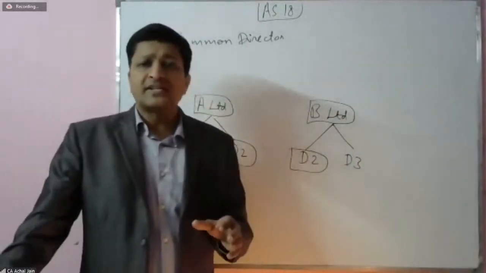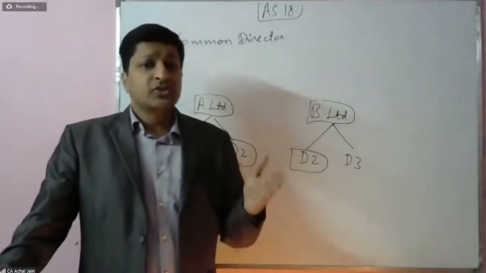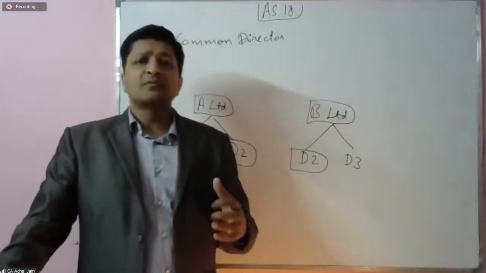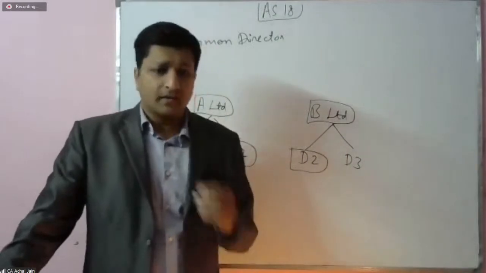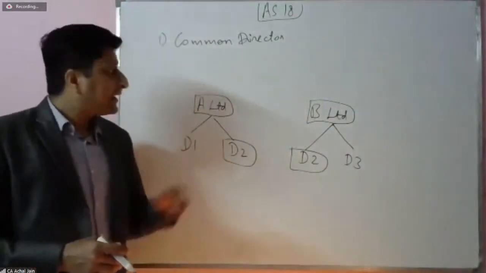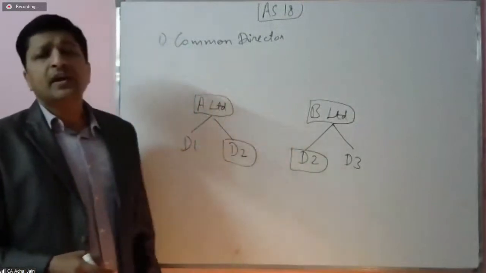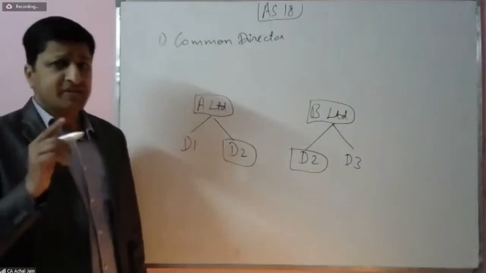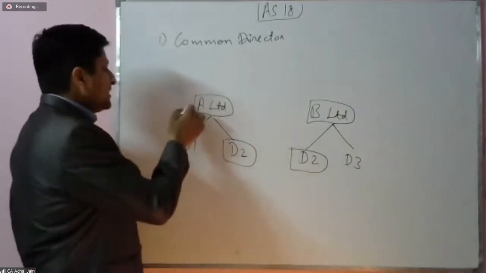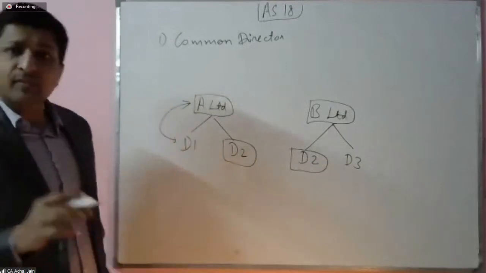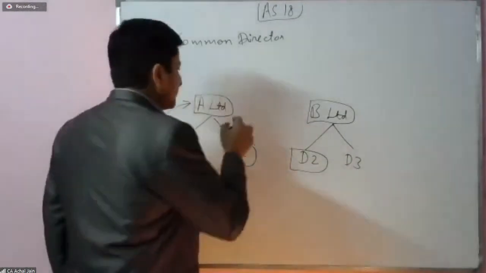Now the question arises that just by being a director or just by having common director, can we say that A and B will become related to each other? And before we move on to this, please understand, these 2 are related to each other. Means D1 and A will be related parties.